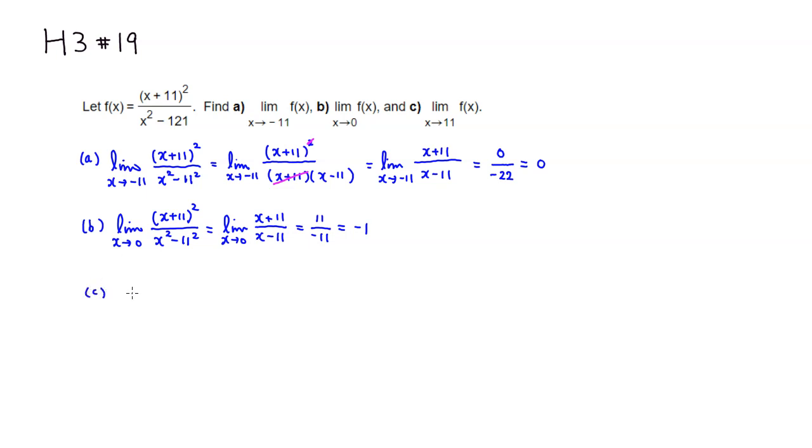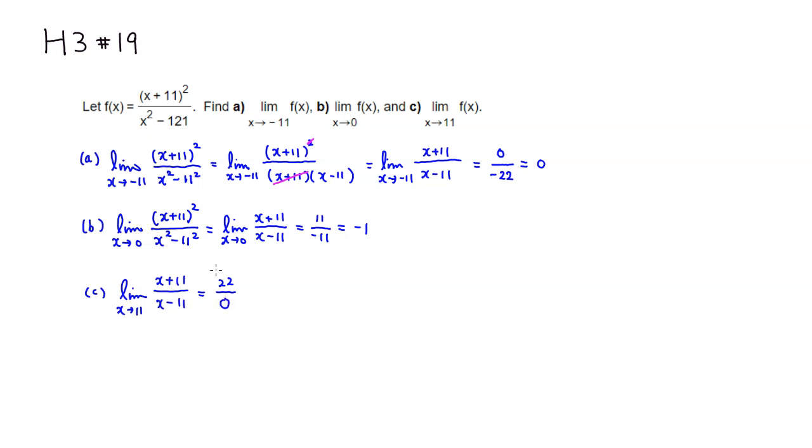Part C, we have a limit as x approaches 11. Let me just write the simplified one: x plus 11 over x minus 11. If you plug in 11 for x, you get 22 on top and 0 on the bottom.